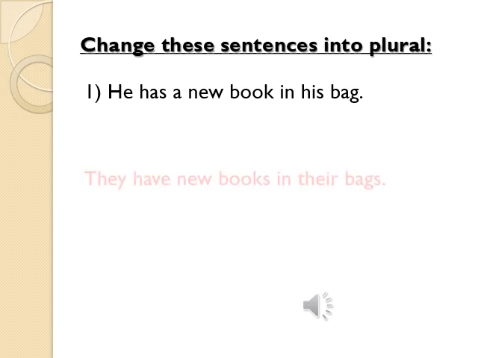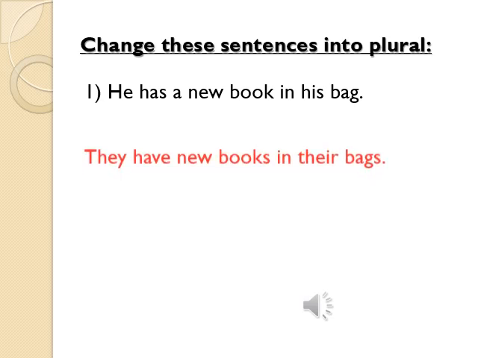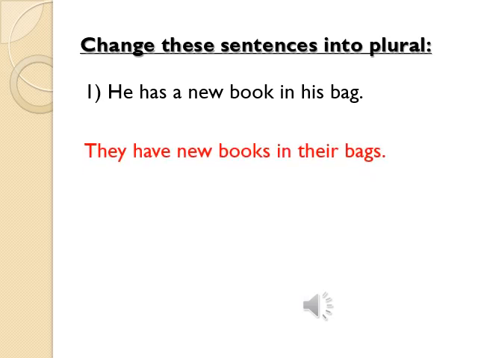The first one is "he." The plural of "he" is "they." The plural of "has" is "have." When we see "a" or "an" or "one," we have to cross them out and change them into "some," or we don't put anything. So we can say "some," or we can say nothing. "New" stays "new" because it's an adjective.